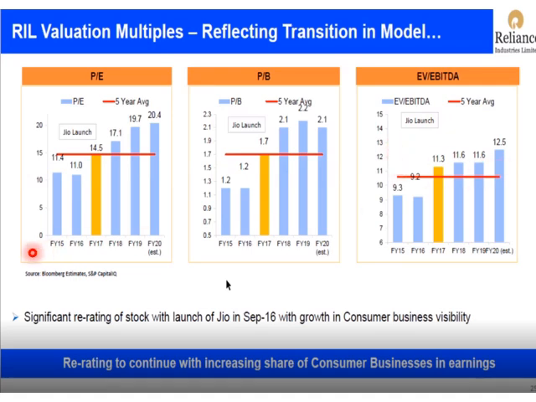According to him, the market was according higher multiples to Reliance now because Reliance is experiencing a very significant transition in its business model. This perhaps happened after it launched Jio, and Jio attracted a lot of customers and traction over a period of time.